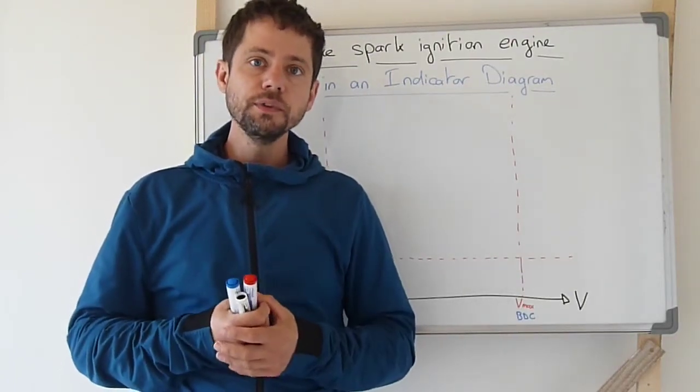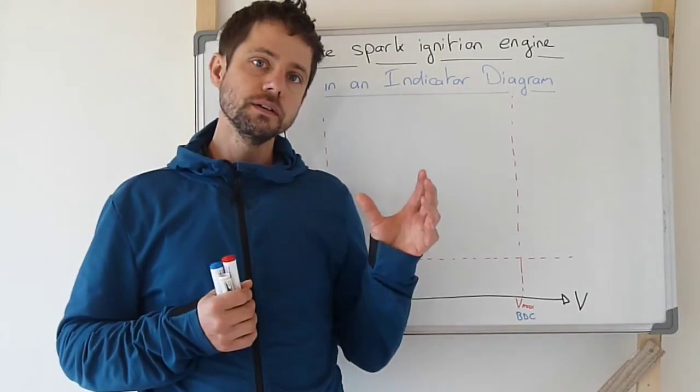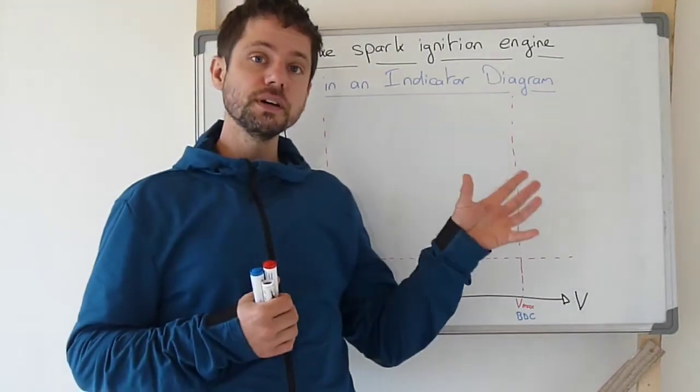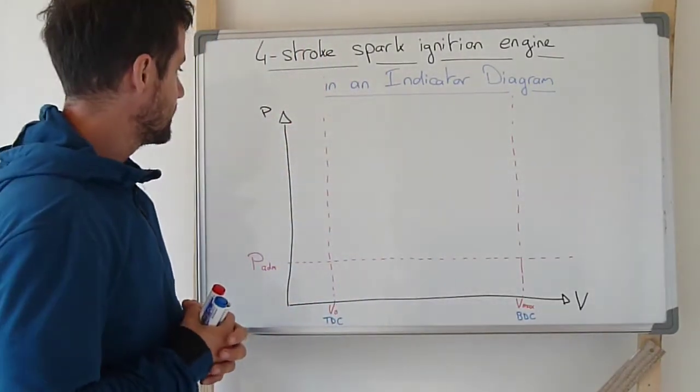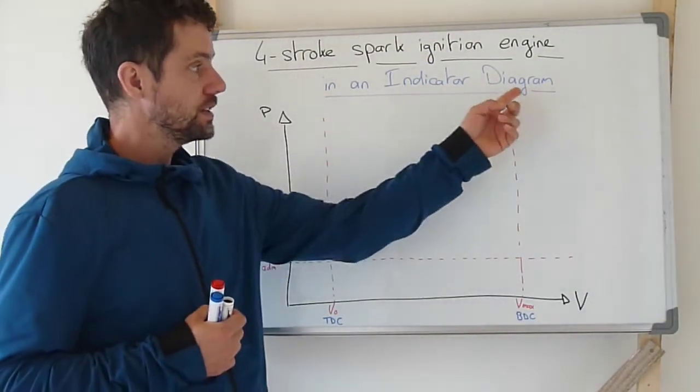Now describe the state of the fluid inside the cylinder during the working cycle of the four-stroke spark ignition engine. So this state is best described in what we call an indicator diagram.